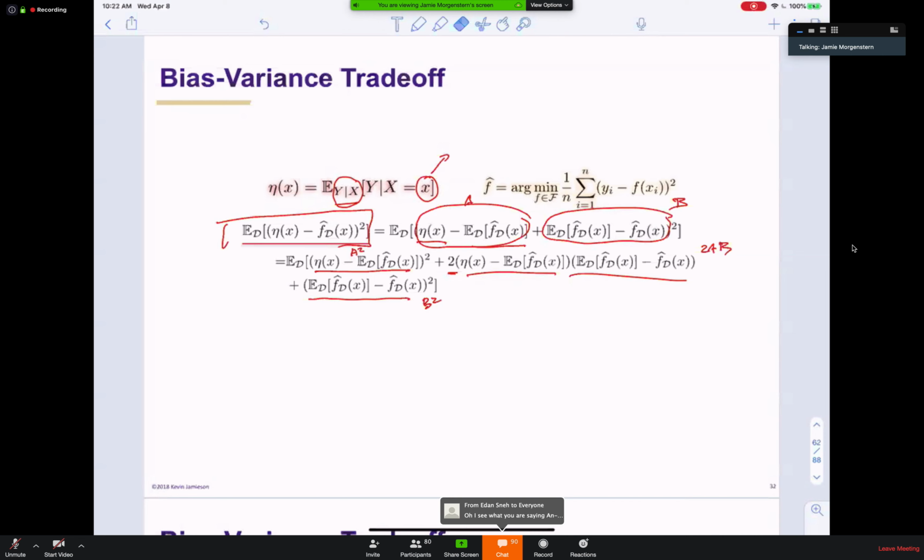The short answer is that your training error is an overly optimistic estimate, for a variety of reasons. But there are ways to correct that, basically adding terms that penalize more complicated models. We'll talk more about that throughout the class. Okay, thank you.